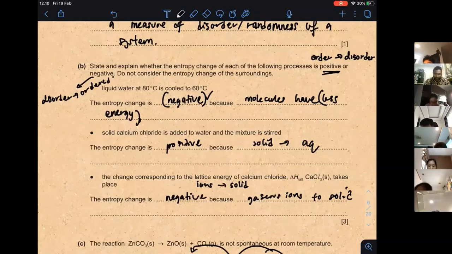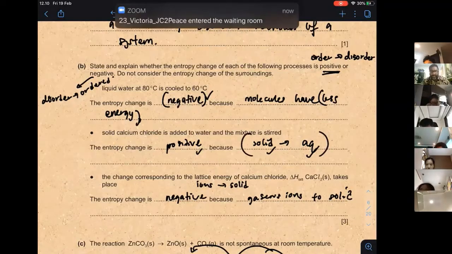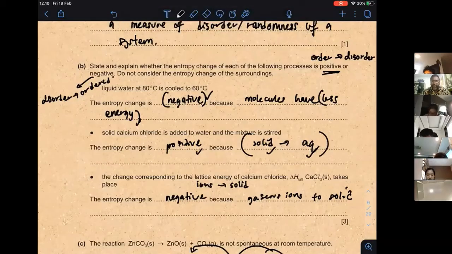So therefore the entropy change is positive. The explanation that you're supposed to give is that the solid dissolved to become aqueous ions, and these aqueous ions are more randomly arranged. As long as you mention that solid is changing into aqueous ions, that is very important also. So please take note, you must have these points.